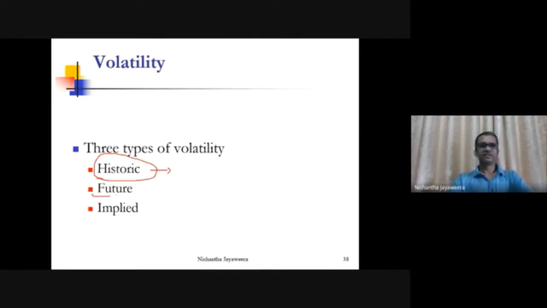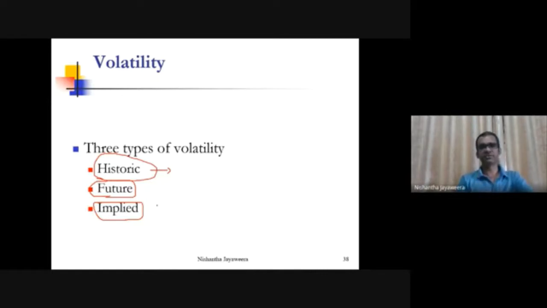On the other hand, you can have a forecast of the future volatility. You can forecast future volatility and use that to price the option. The third one is, you can observe the market prices, put and call option prices in the market. Then you can back calculate what is the volatility used to price that option. That is called implied volatility.